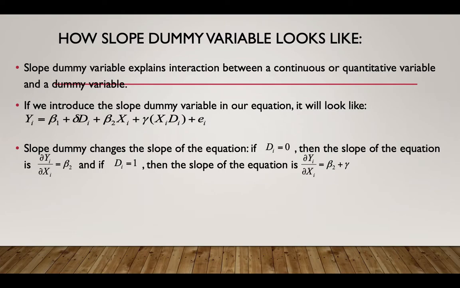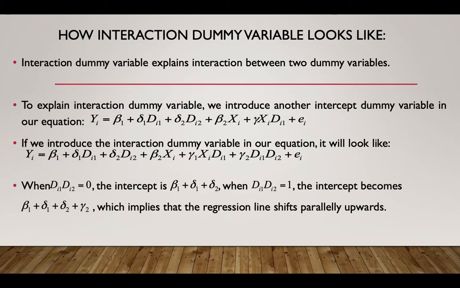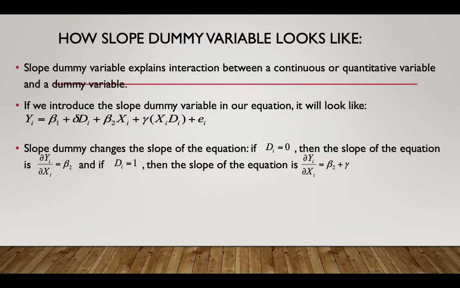So, the slope changes. First the slope is beta 2 when di is equal to 0, and when di equal to 1, the slope increases from beta 2 to beta 2 plus gamma. You can calculate and find out that this will be the result. So, this was the intercept dummy and slope dummy variable.